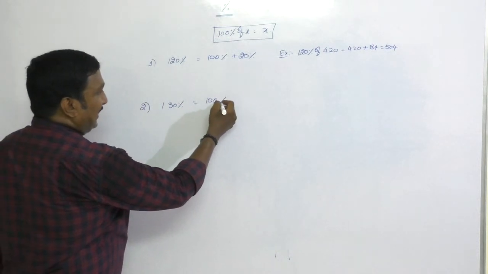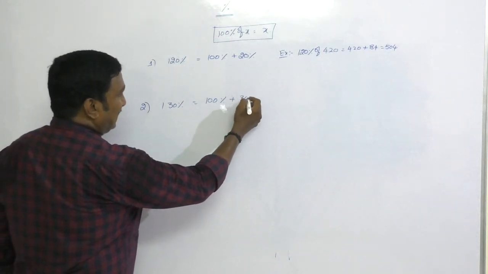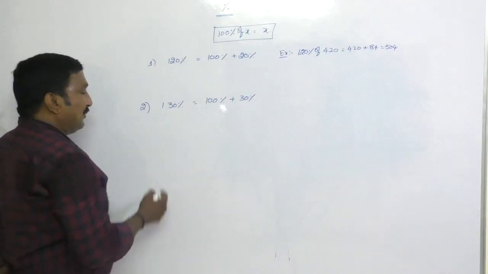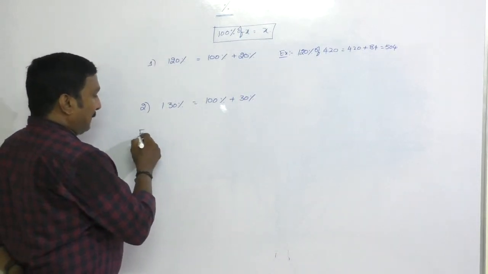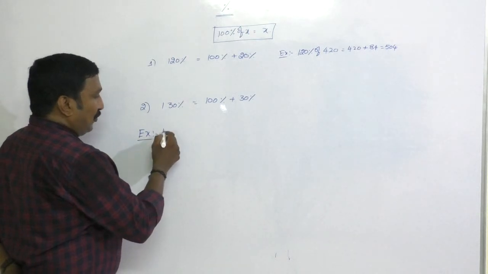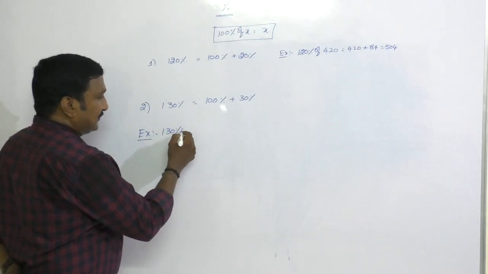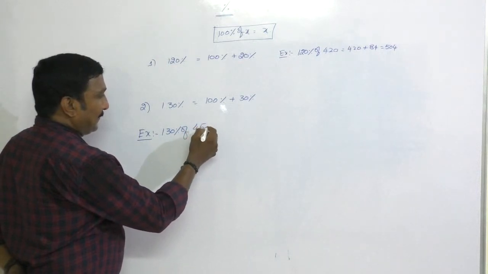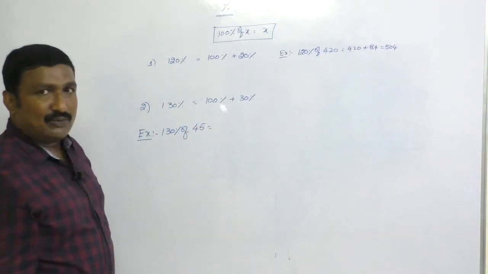Similarly, I want to calculate 130%. 130% is nothing but 100% plus 30%. Example, 130% of 45.